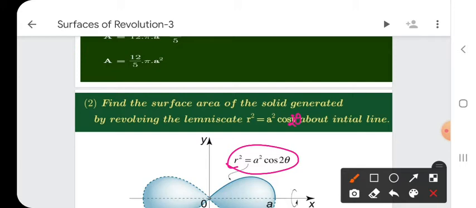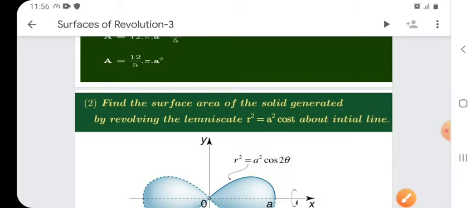What is our given curve? r square equals a square cos 2 theta. That is, the given equation is in polar form. Okay, first point completed. The second one is about which axis it revolves. It revolves about the initial line, and initial line means x axis. So the given equation is in polar form and revolves about the x axis.